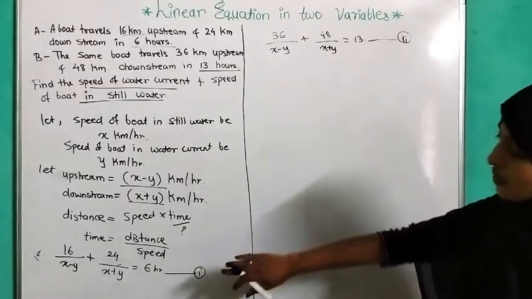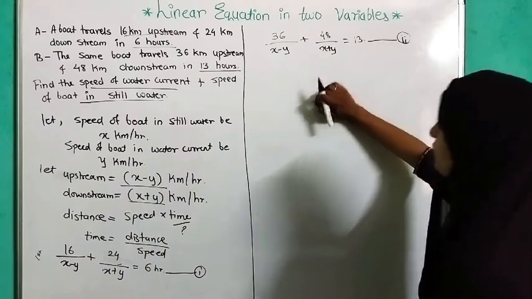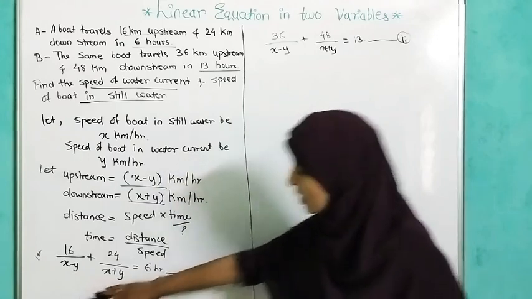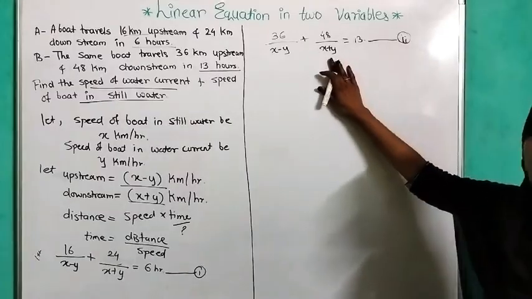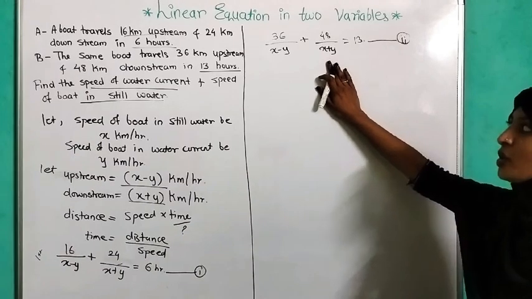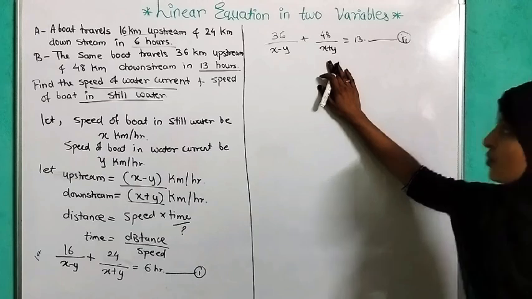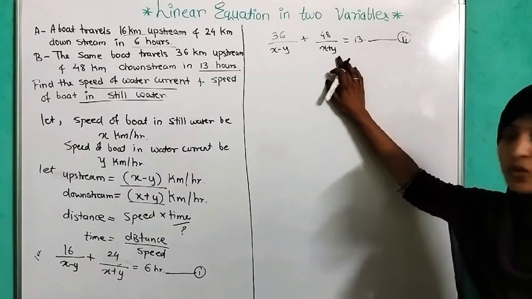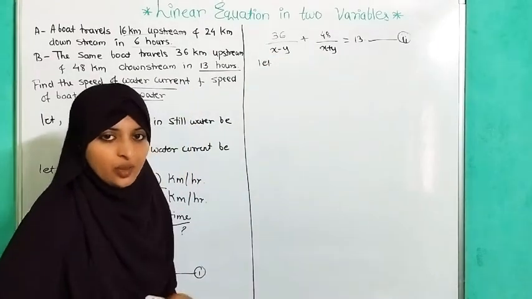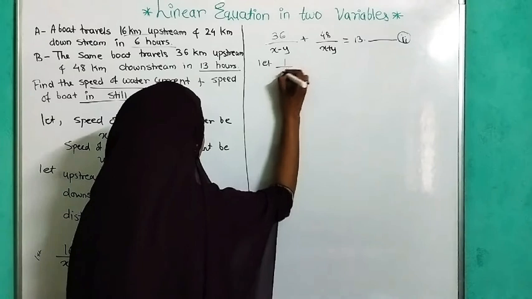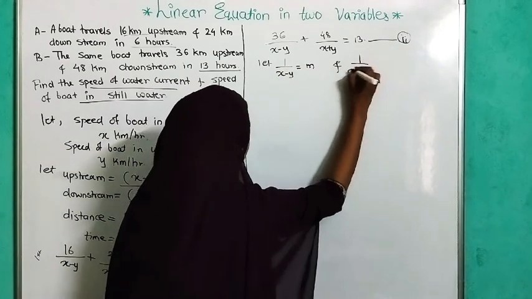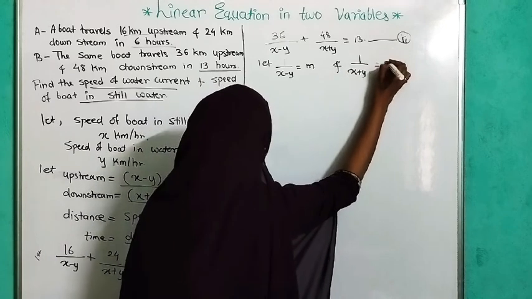By observing equation number 1 and equation number 2, we come to know that here also we have x minus y, x plus y, x minus y, x plus y. So what we are going to consider? Let 1 upon x minus y be m and 1 upon x plus y be n.